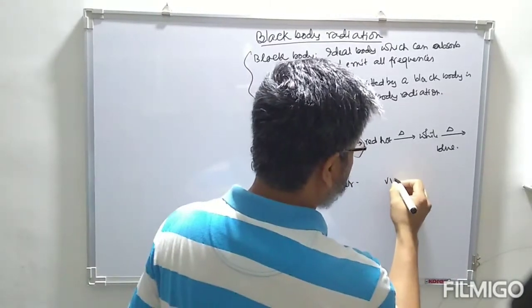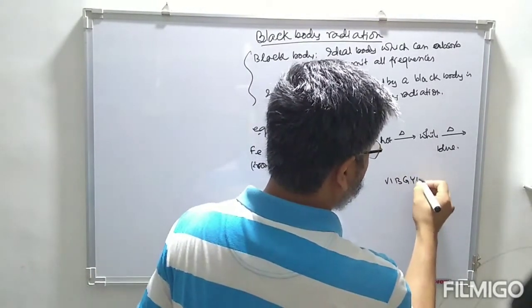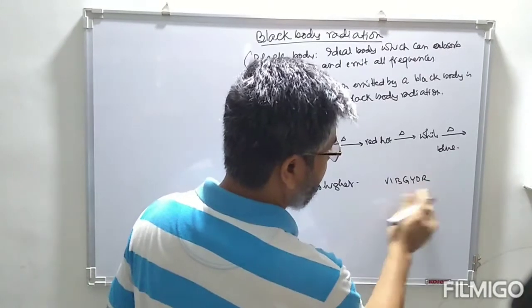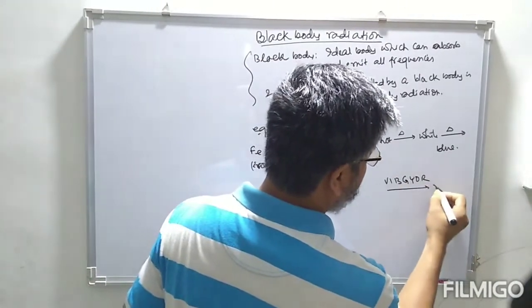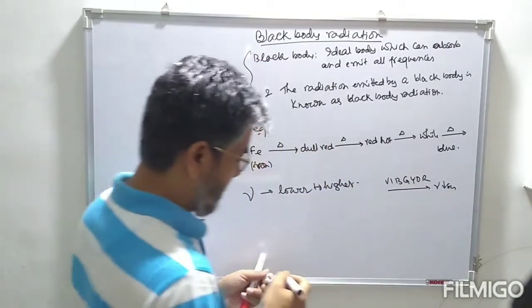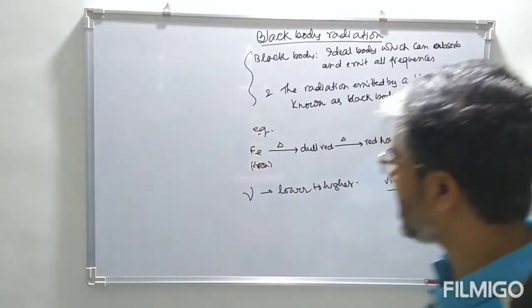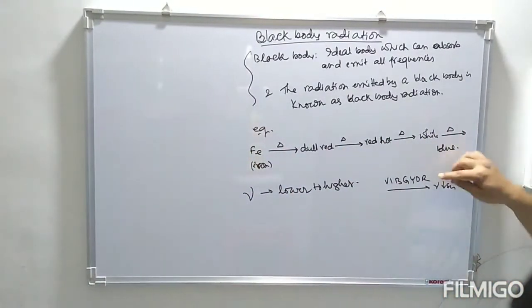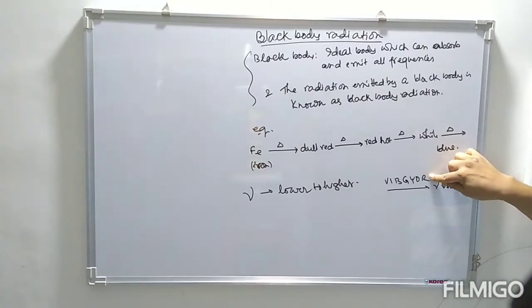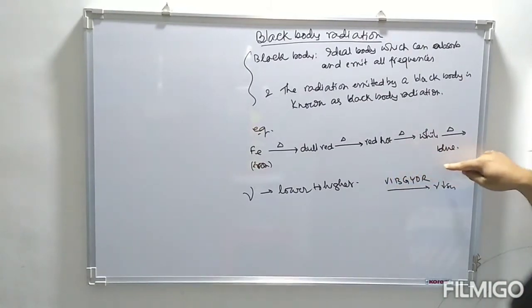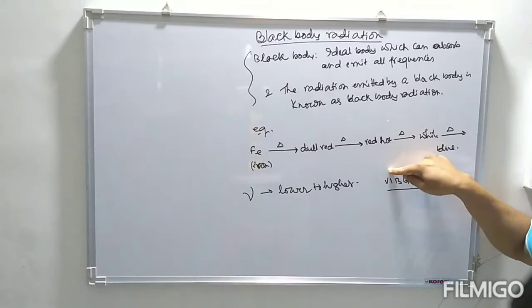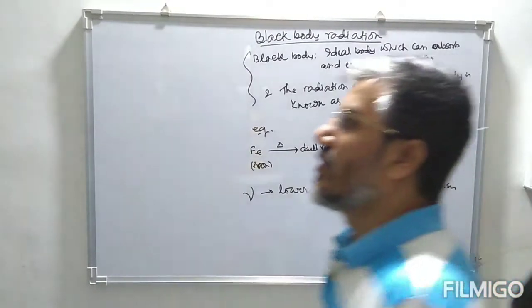Well, we have just explained that. So when heating this substance, iron, at various temperatures, moving from red to blue, that means it is moving from a lower frequency range to a higher frequency range.